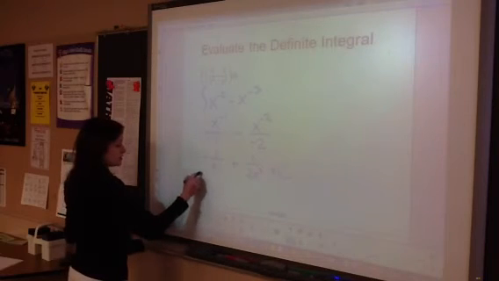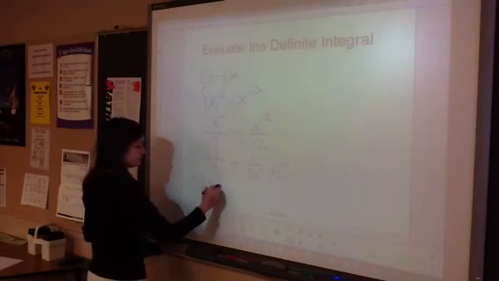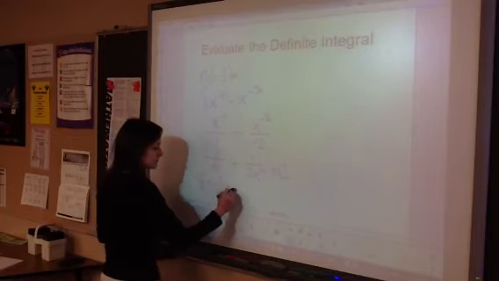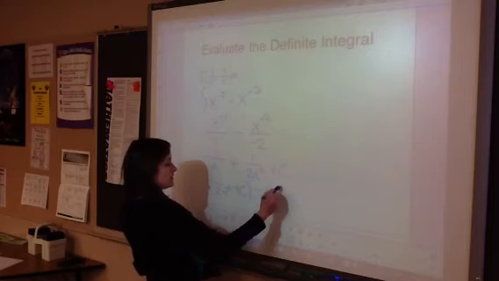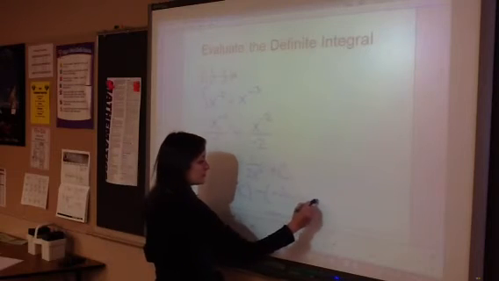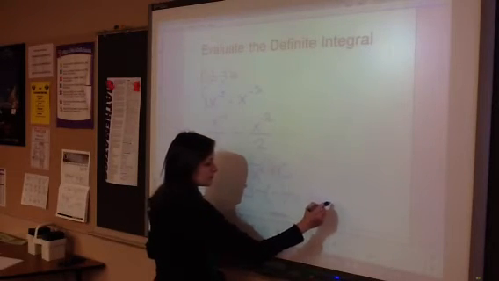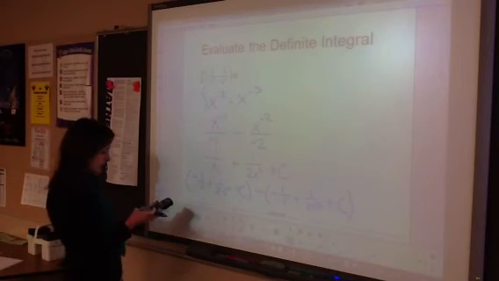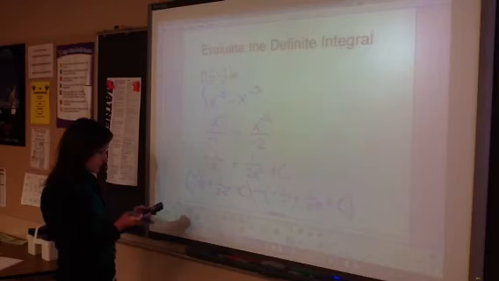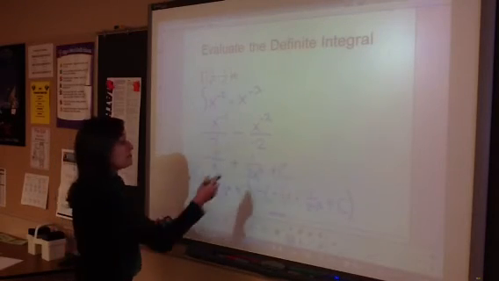So we're going to plug in 2, and then we are going to plug in 1. And when you plug in 2, you get -3/8.